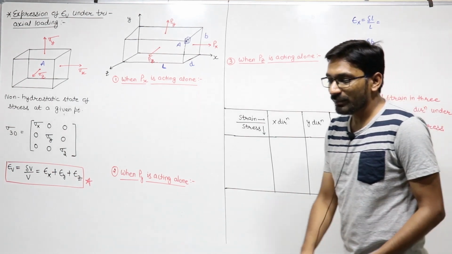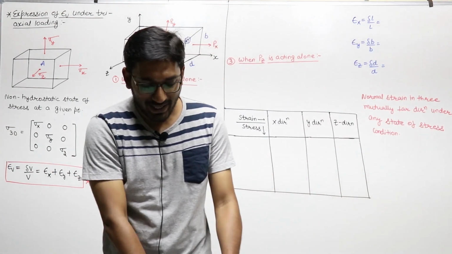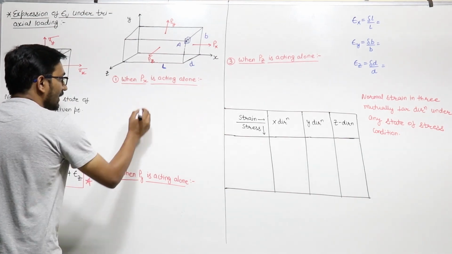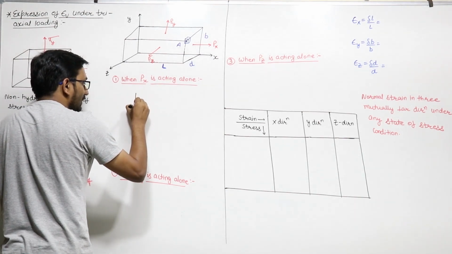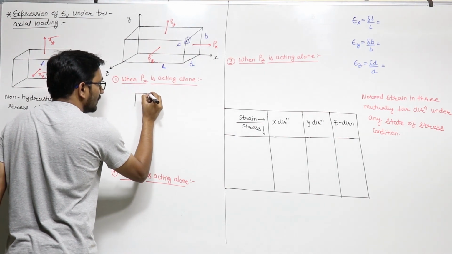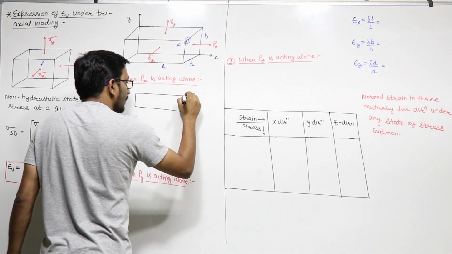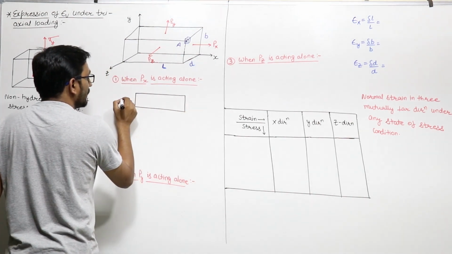So first one, I am treating that, let us say that only Px is acting. This is our member, and this is the longitudinal axis.